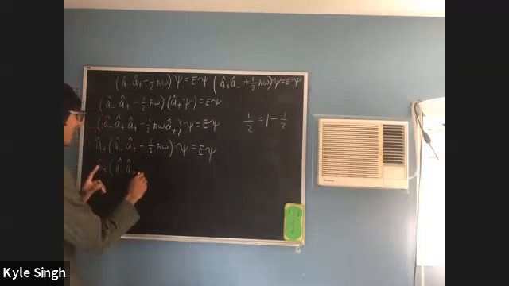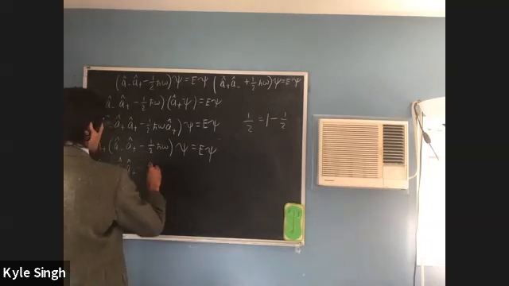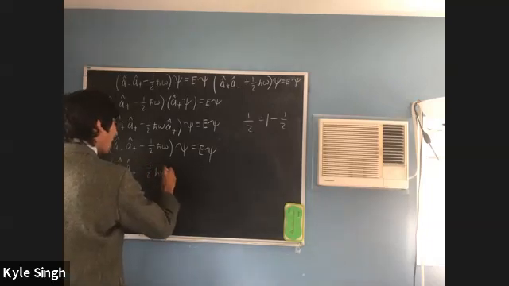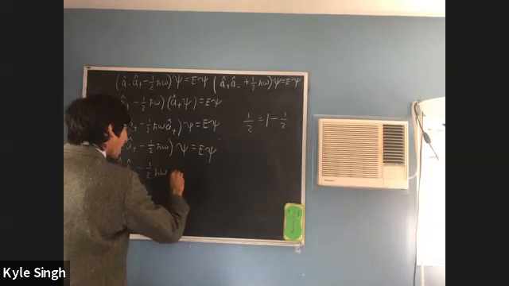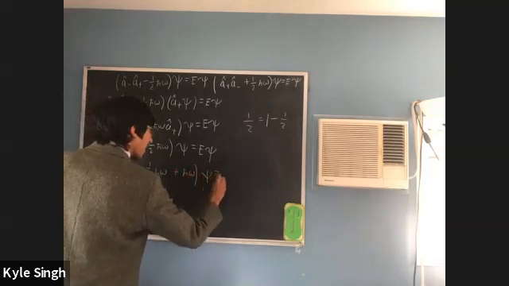So this becomes a, let me just make sure I do this right. Yeah. This becomes a minus 1/2 h bar omega plus h bar omega on psi.